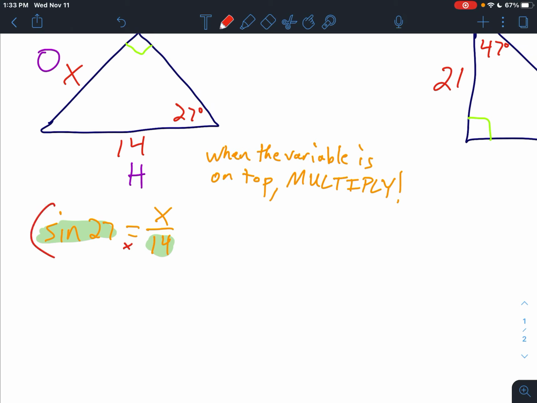Okay, take this, multiply it with this, and you get your answer. All right, it's a little shortcut to cross multiplying. Okay, so 14 times sine of 27, and you get your x. Okay, make sure your calculator is in degrees.